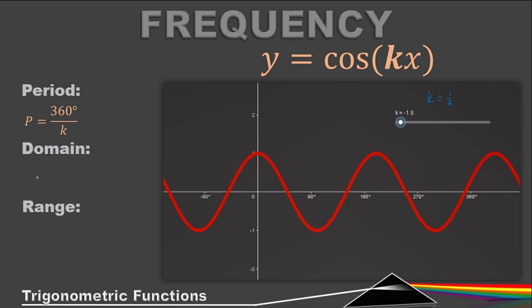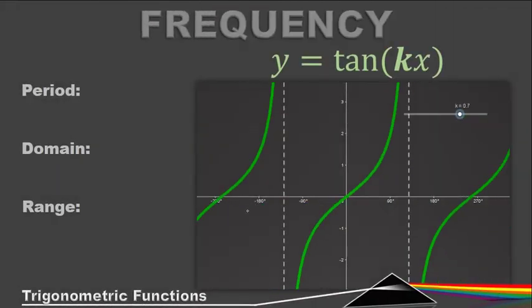So then our domain will be x is an element from 0 degrees up to 720 degrees, and then the range is unaffected. y is an element from -1 up to 1.